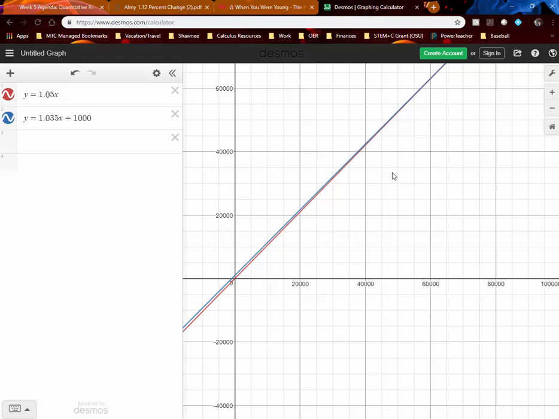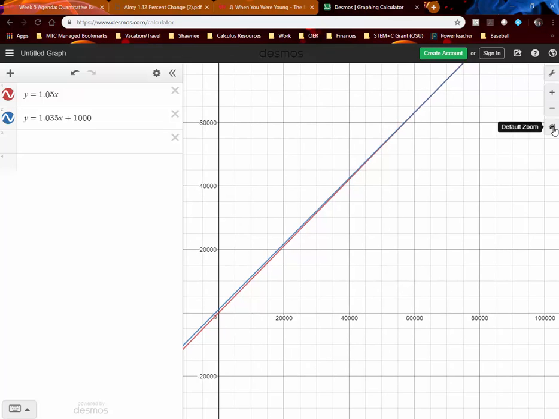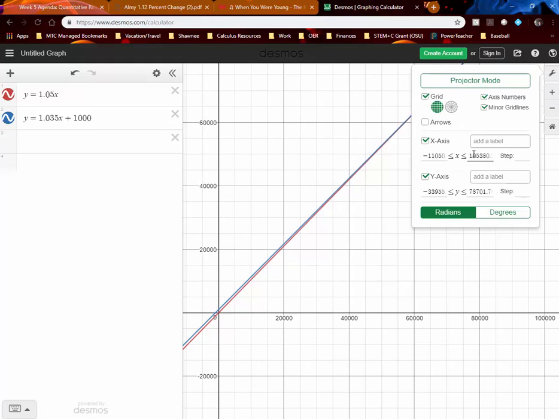All right, that's not a very good window. Let me see if I can modify this and make it a little easier.